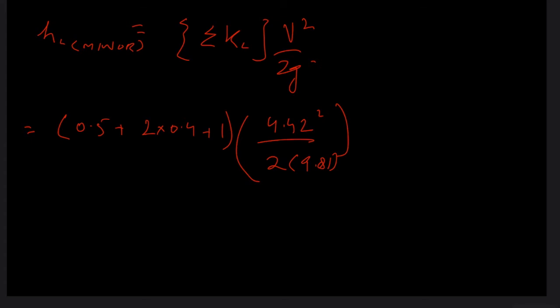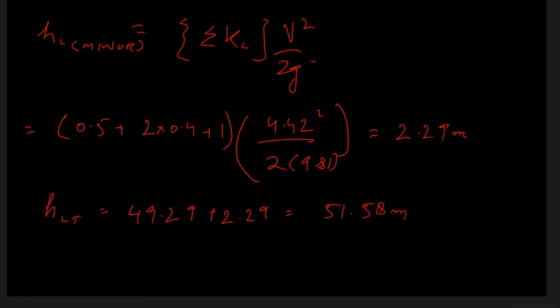So my HL minor comes out to be 2.29 meters. So HL total is equal to HL major plus HL minor. HL major is 49.29 plus HL minor 2.29, so the total comes out to be 51.58 meters. This is my total head loss.